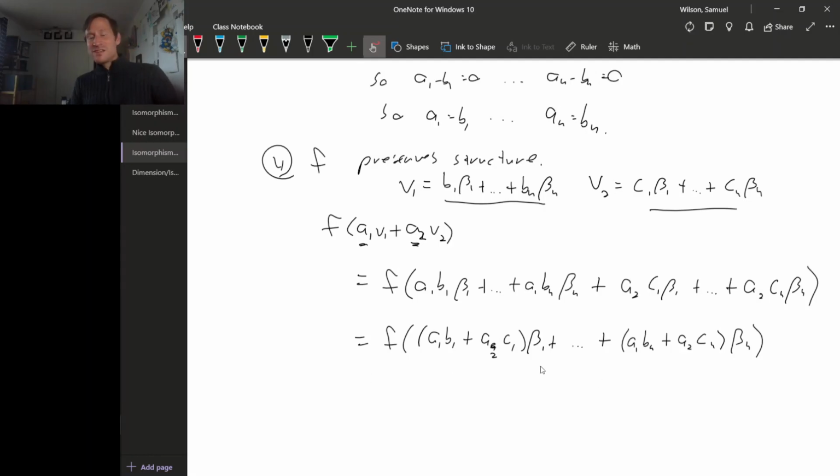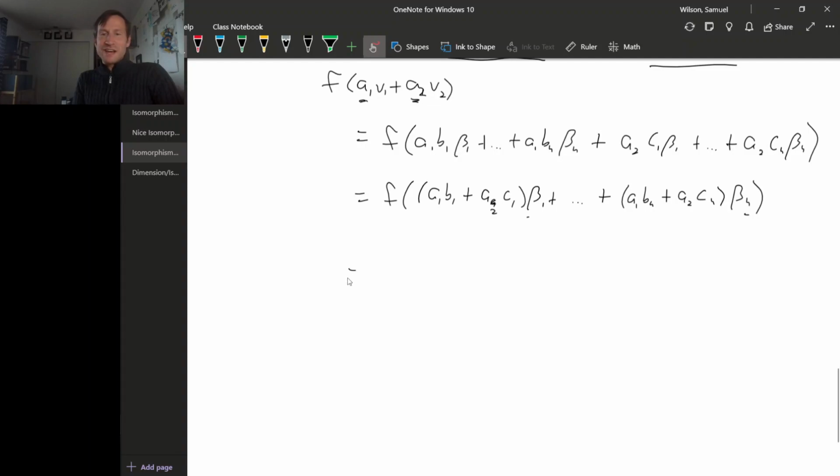And now that we have this written in terms of our basis, we know what f does to this. f just changes all the betas into gammas. So this is (a1 b1 plus a2 c1) gamma 1 plus dot dot dot down to (a1 bn plus a2 cn) gamma n.